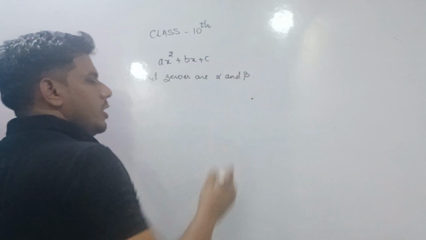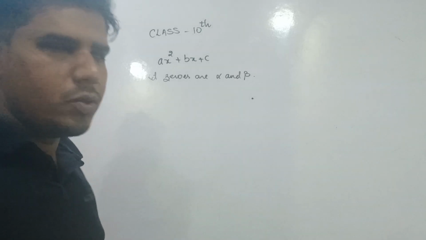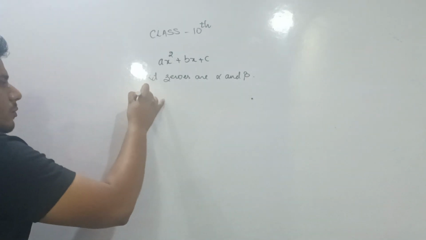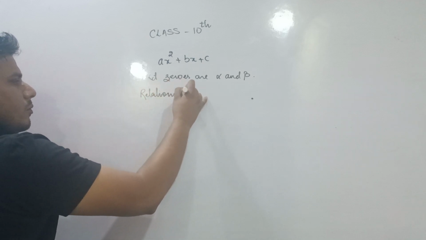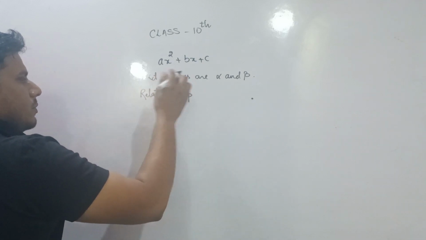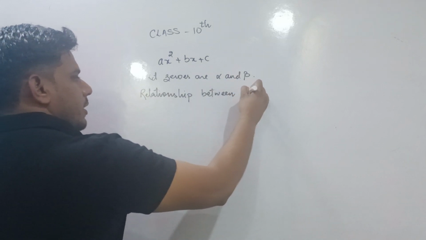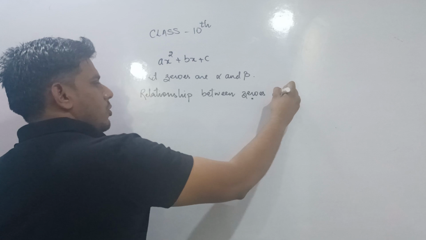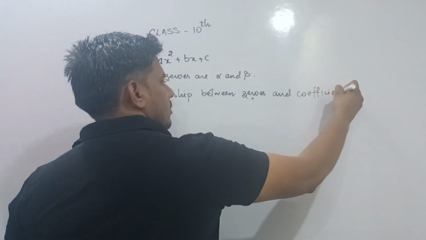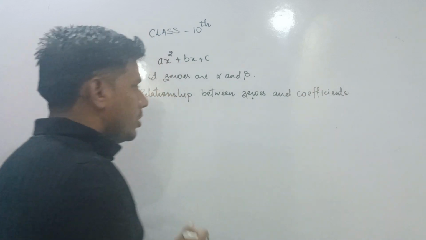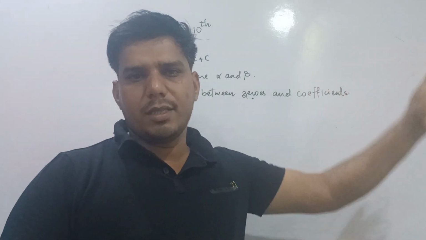So now we need to learn the relationship between zeros and coefficients. So zeros means alpha and beta, and coefficient means a, b and c.